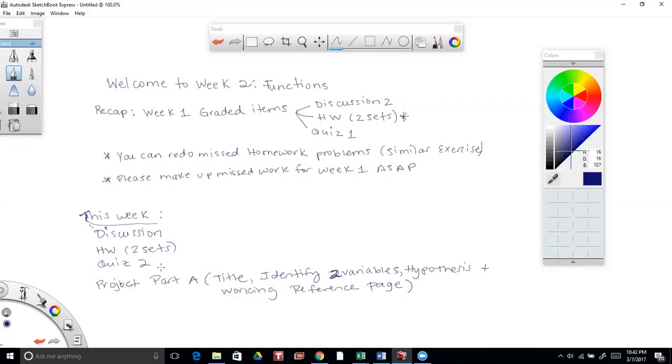So that brings us into the project. Okay, you do have a project in this class. The first part is given your title, your topic. Identify what your 2 variables will be. Make sure they are measurable, okay?